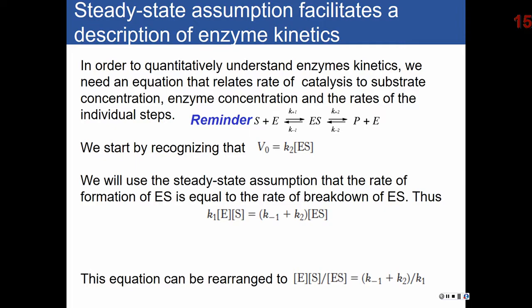And then we can have that the concentration of the enzyme times the concentration of the substrate divided by the concentration of the enzyme substrate complex, or the transition state, is equal to the rate at which it's going to go back plus the rate at which it's going to go forward divided by the rate at which the transition state is formed. So far, is everybody here? Okay.